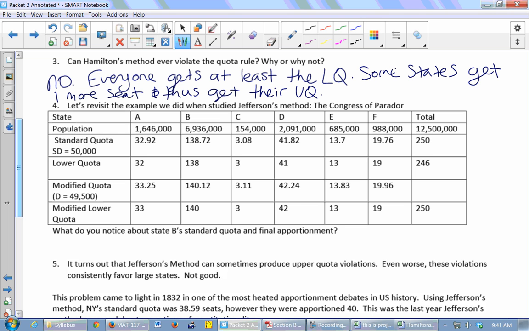But what do you notice about State B's standard quota and their final apportionment? Yeah. Right. So 138.72 is their standard quota. That's their exact fair share. The quota rule says they should get 138 or 139. It's the only two fair possibilities, but we gave them 140. So this is an upper quota violation, because we gave out more seats than the upper quota.